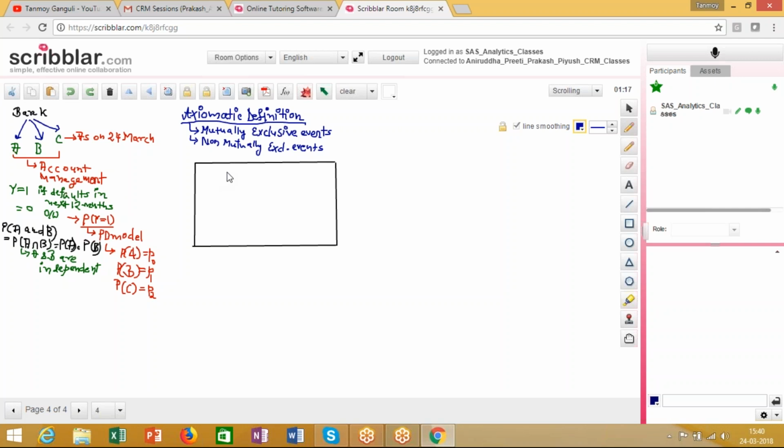So over here, let's create a set A, and then let's create a set B. This is a non-mutually exclusive event, and you have an overlap between A and B over here.